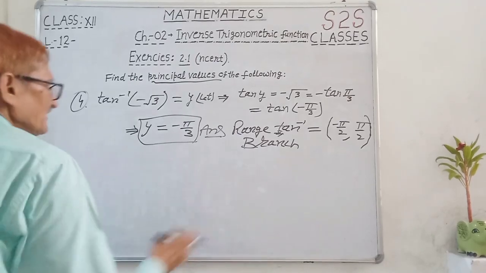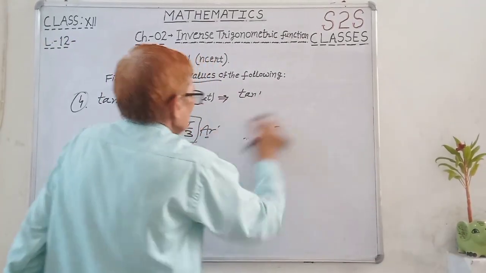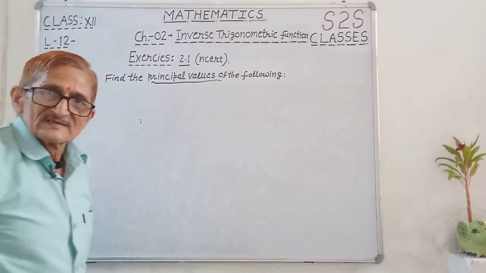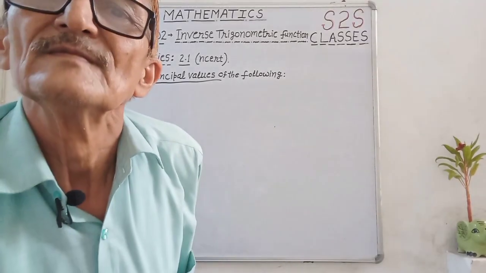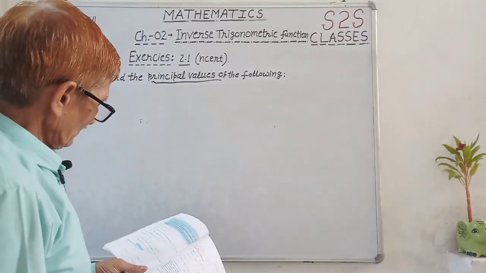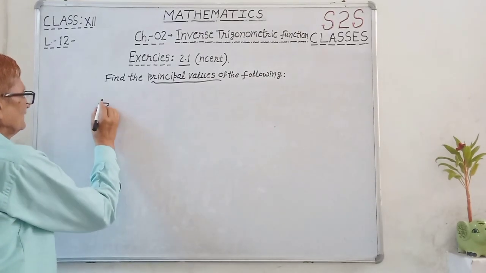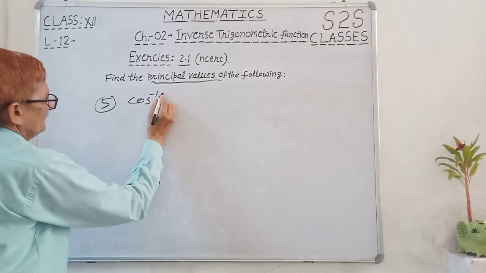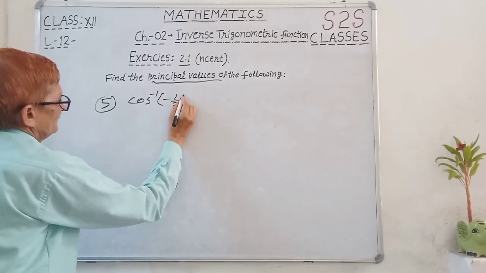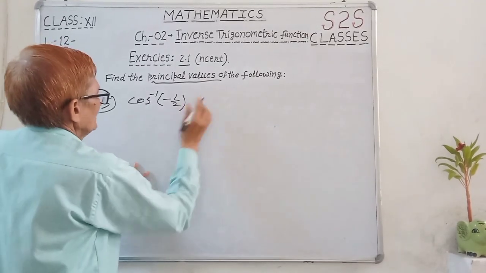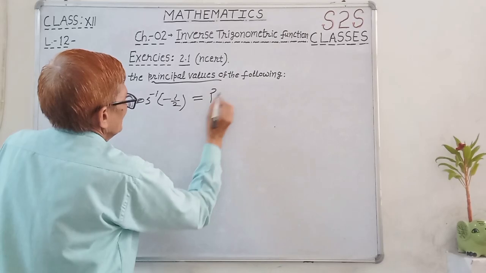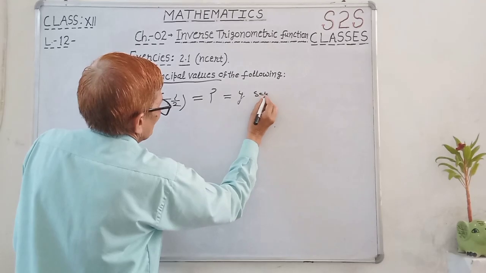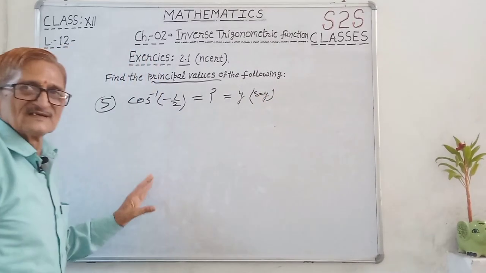Okay, now next, question number 5: cos inverse of minus half. Find this. Let it be y, same.